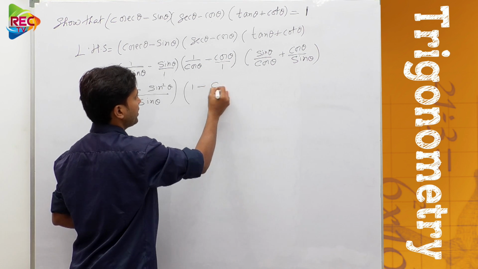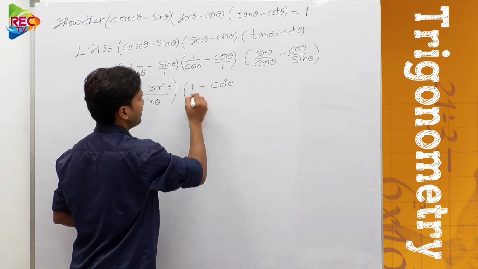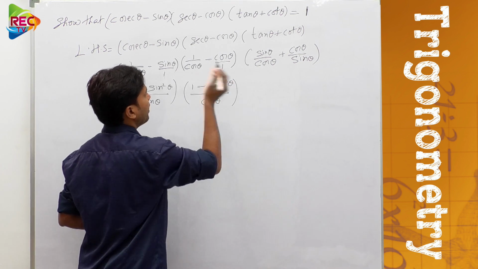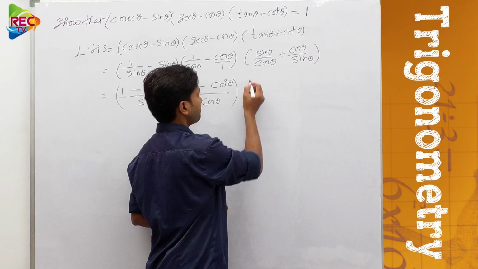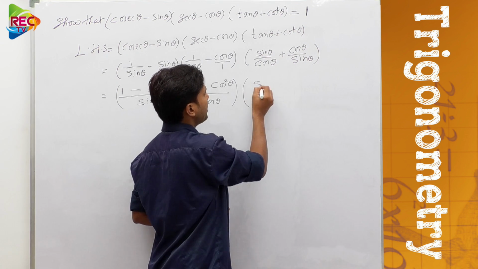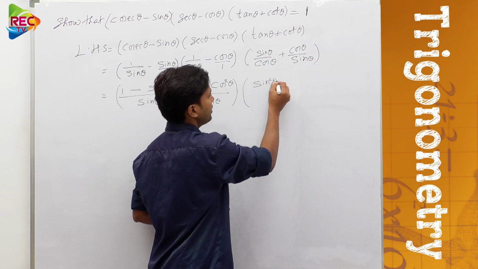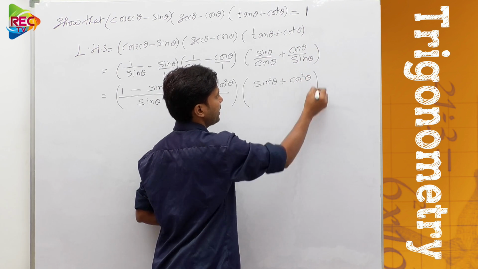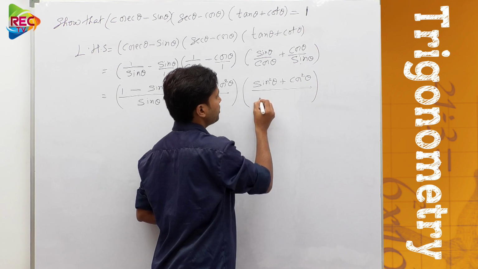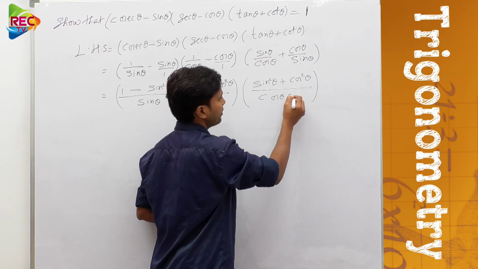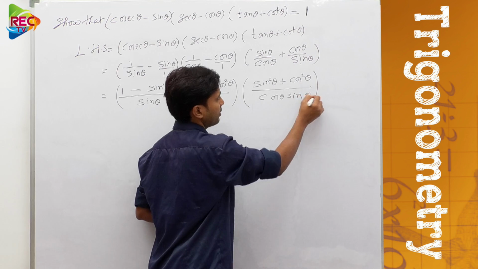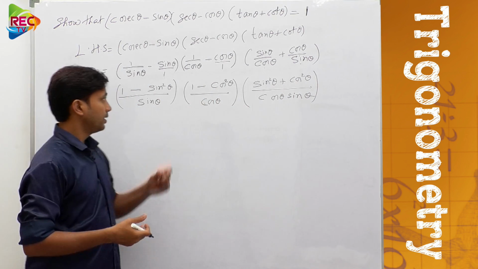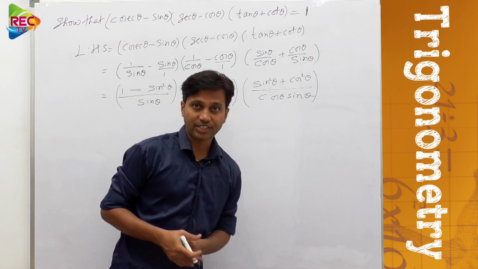Cos theta into cos theta is cos square theta, by cos theta into 1, that is cos theta. Now consider this one: sin theta into sin theta is sin square theta, and cos theta into cos theta is cos square theta, by cos theta into sin theta. This is the simplification.